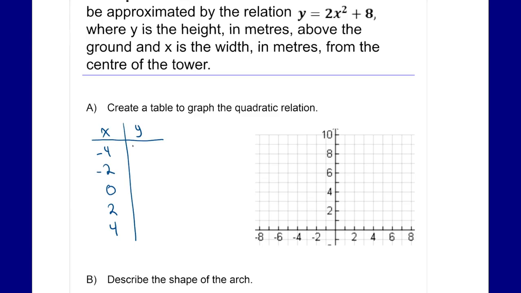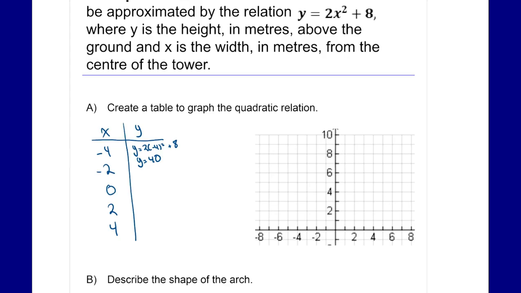For the first one, we'd have y is equal to 2 times -4 squared plus 8, or y is equal to 40.